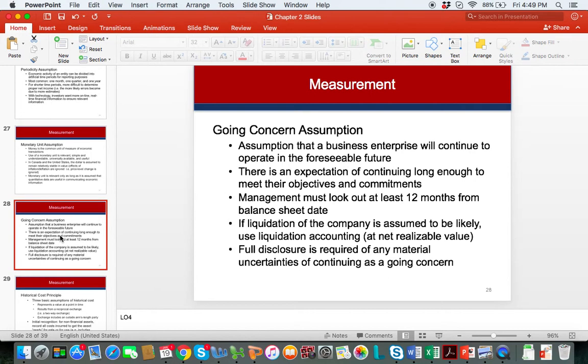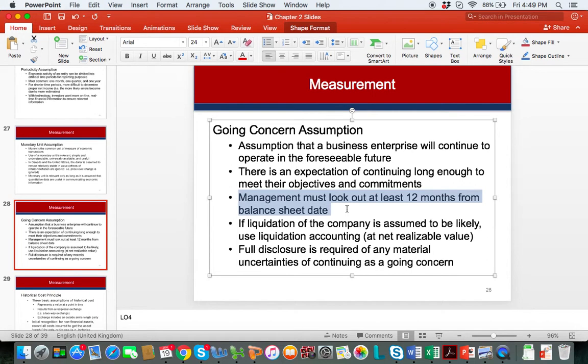Now the going concern assumption. The key thing here is that management must look out at least 12 months from the balance sheet date, to judge that the business will still be operating in 12 months' time. If you think it's going to liquidate within 12 months, then you will use liquidation accounting at net realisable value. Full disclosure is required of any material uncertainties.